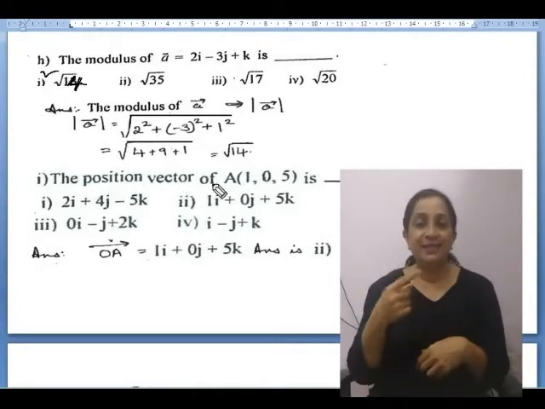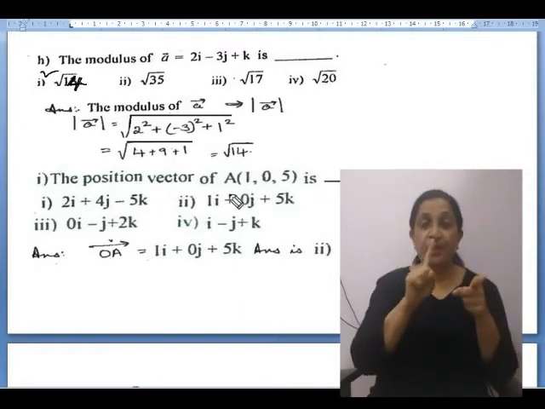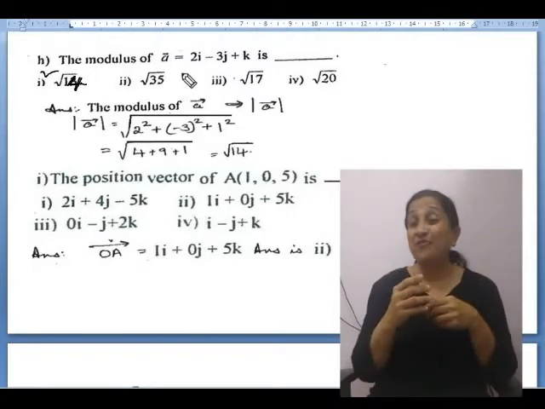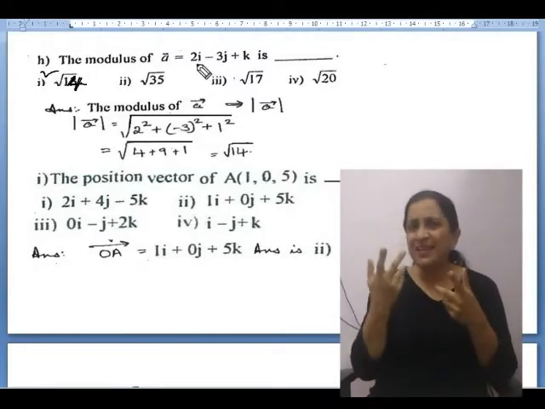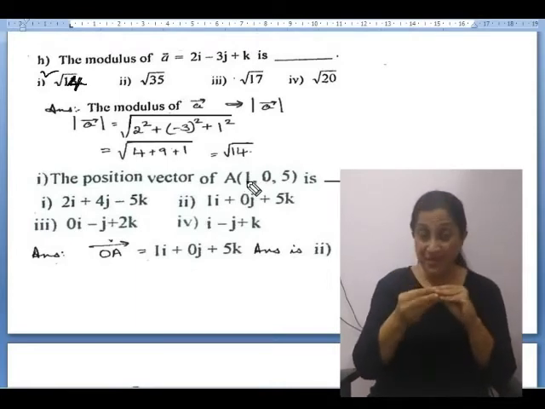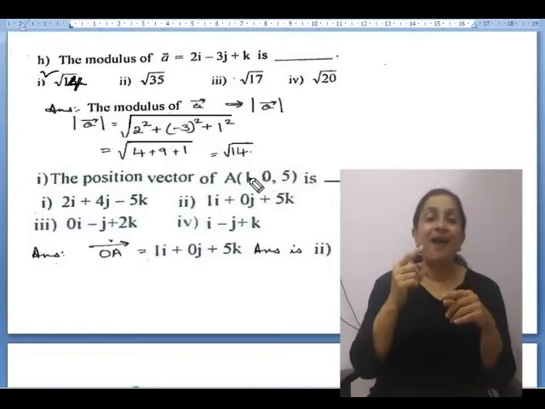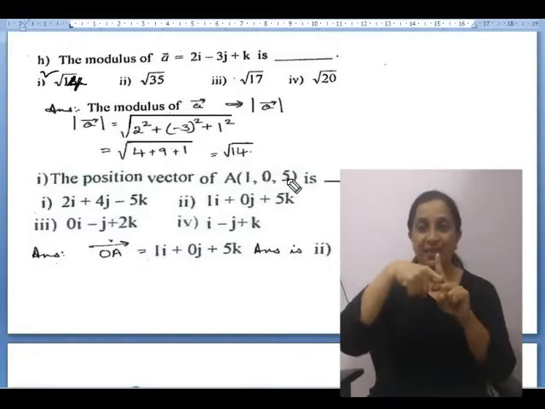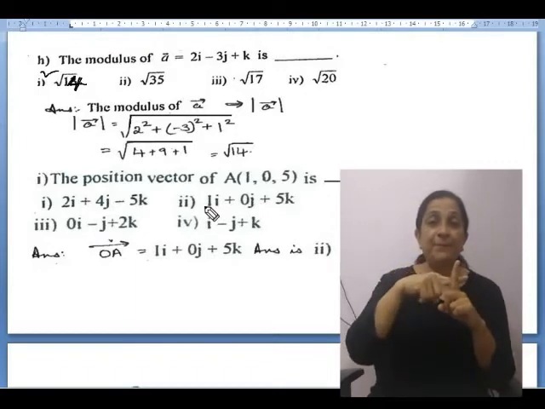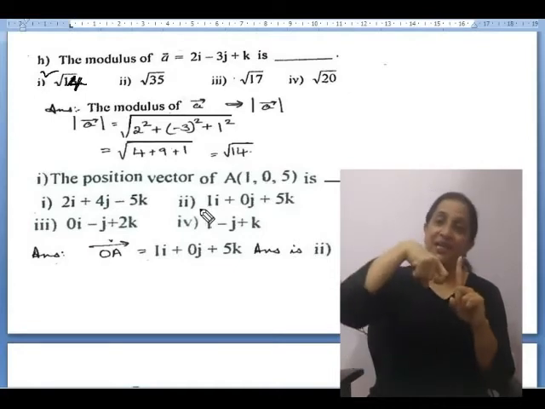Next, the position vector of A(1,0,5) is nothing but what? Here you can do a little bit of guesswork. The same concept applies here. Here it was the coefficient of this. Here the numbers are given. So obviously, if you consider this as i, j and k, then it is 1i, 0j, 5k, right? 1i, 0j and 5k.